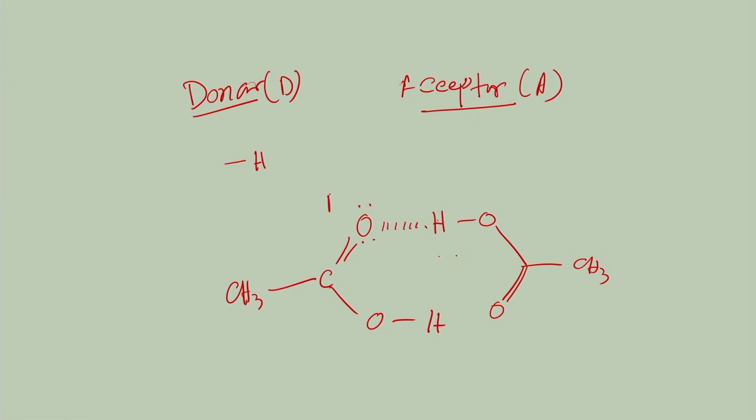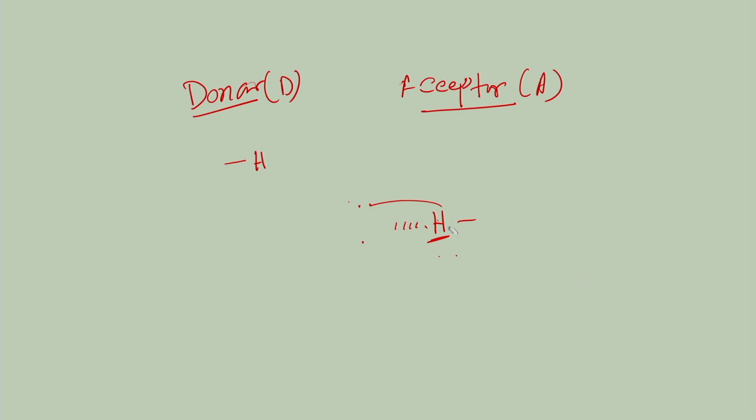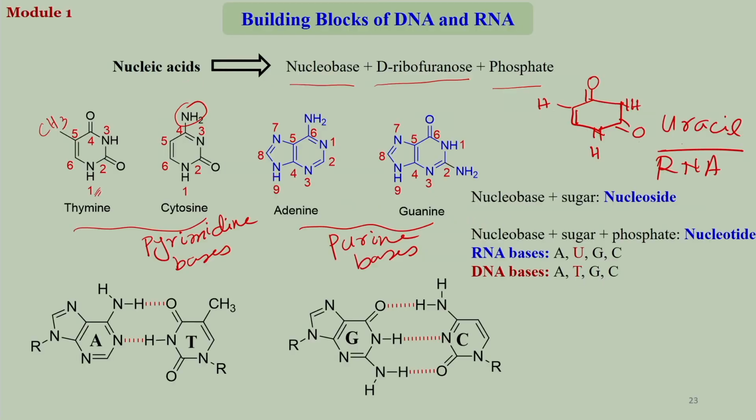So, this is an acceptor. On the other hand, acetic acid is an acid, so this proton is labile, it is an acidic proton, it wants to move away. That is why this hydrogen bonding takes place, and it is very strong. So, the donor should have a donatable hydrogen and the acceptor should have electrons to form the hydrogen bond or to accommodate the proton.